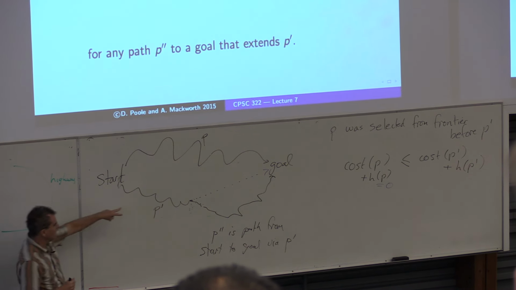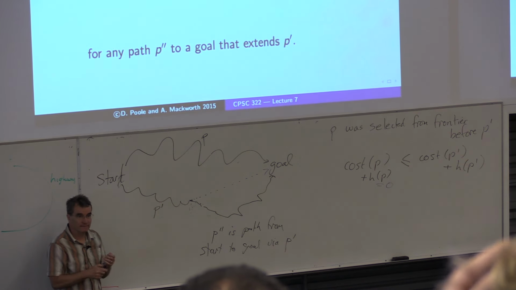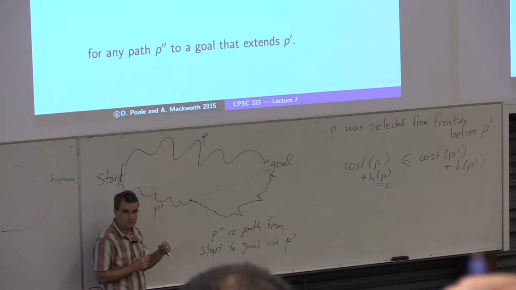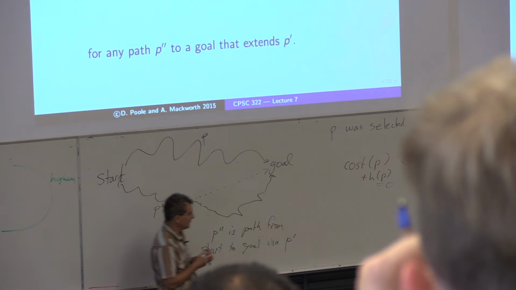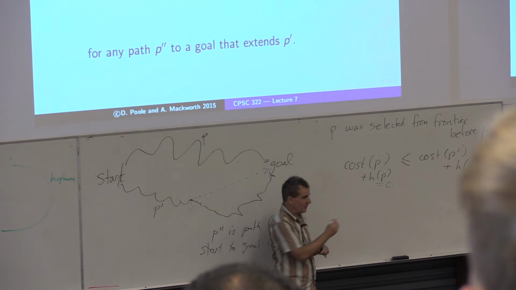So what do we know then about the underestimate? What does that tell me? Yeah. The actual path might be longer that way than the heuristic suggests. So what's the equation I'm going to write down?